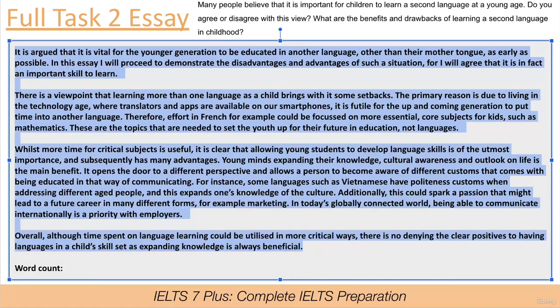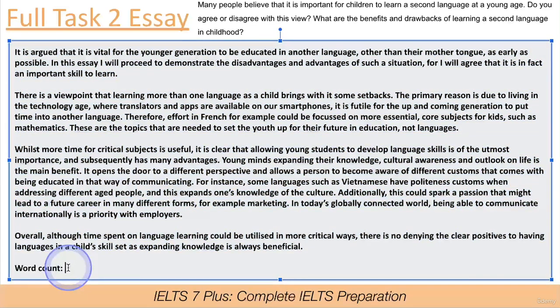We've got both sides, introduction and conclusion. Let's count the words. So this comes to 312 words, so a little bit over the 250 minimum there, but that's okay. You can, if you've been following along at home, adapt this to how you would answer this question.